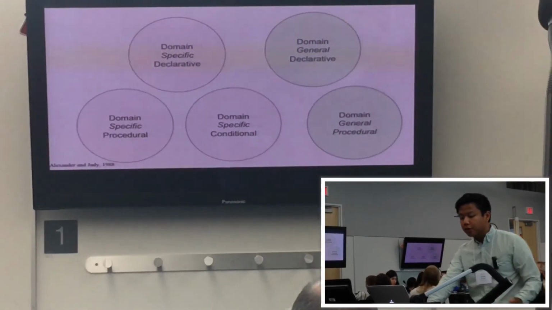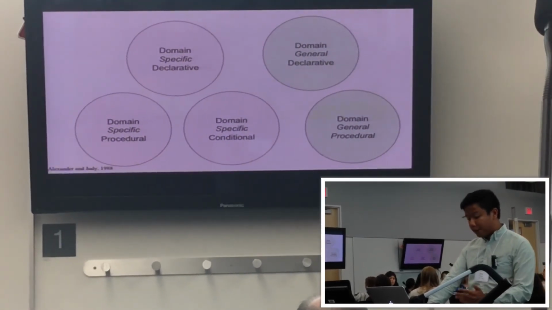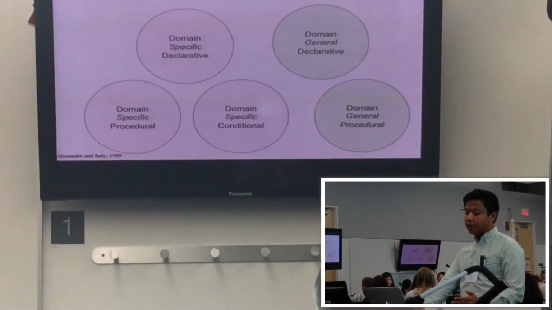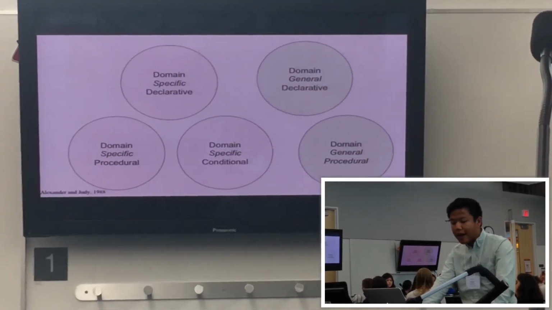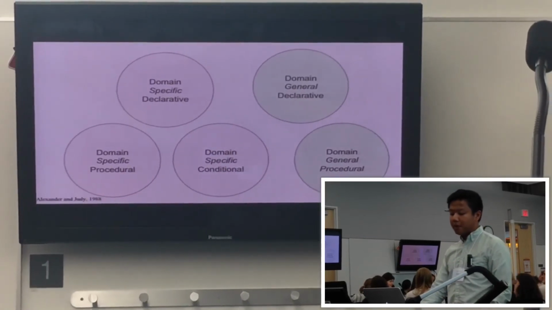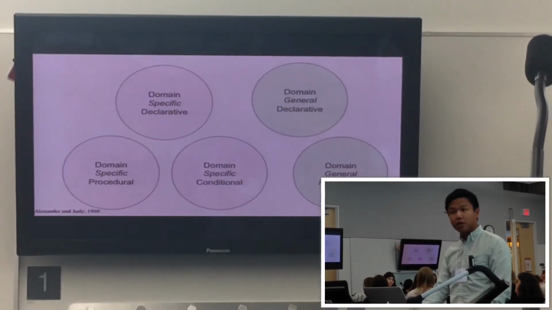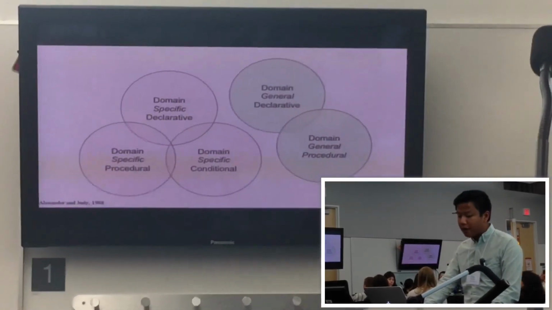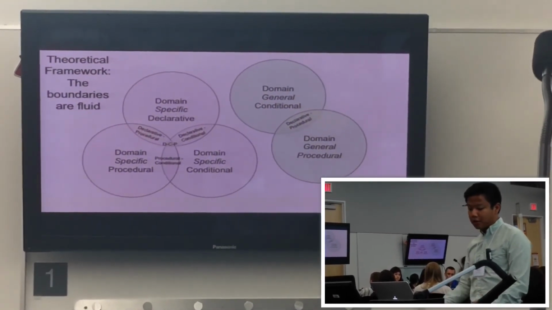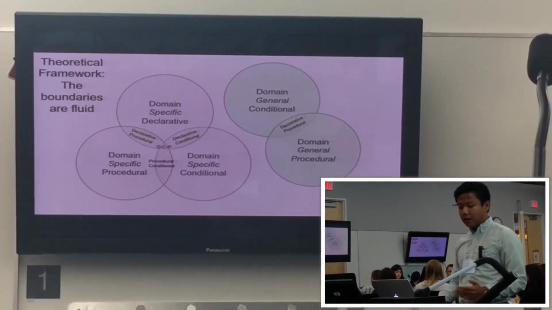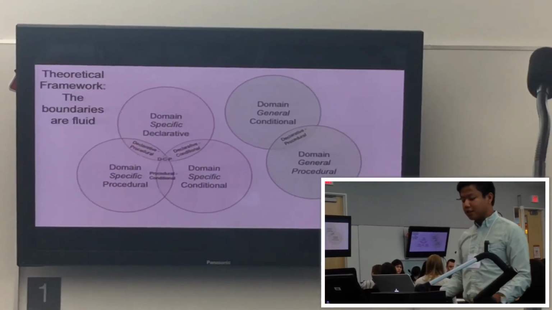So, we talked earlier about our framework. We have specific and general, and including the three types of knowledge: declarative, procedural, and conditional. And Alexander predicted that there may be a correlation between these types of knowledge called interactions. And what we found is that, based on our coding and our data, these interactions do exist.